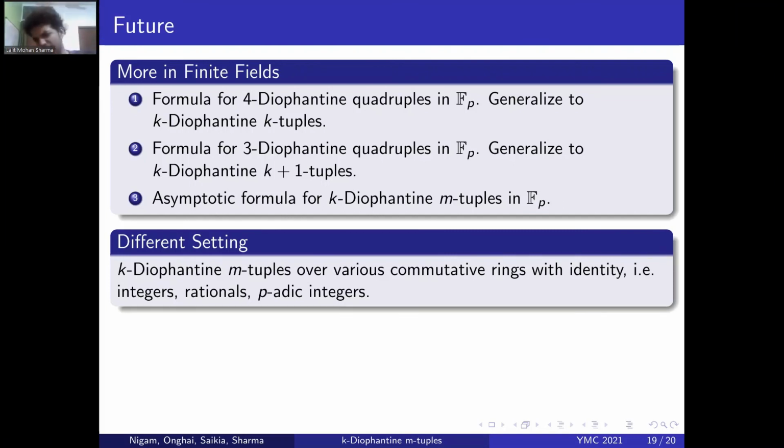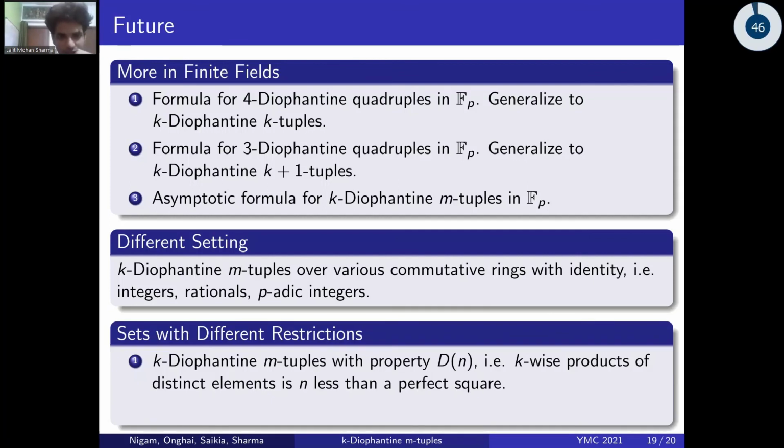The choice of finite fields is just arbitrary. We just wanted to find nice formulas, but you can easily consider this generalization over other commutative rings with unity, for example, integers and rational numbers.